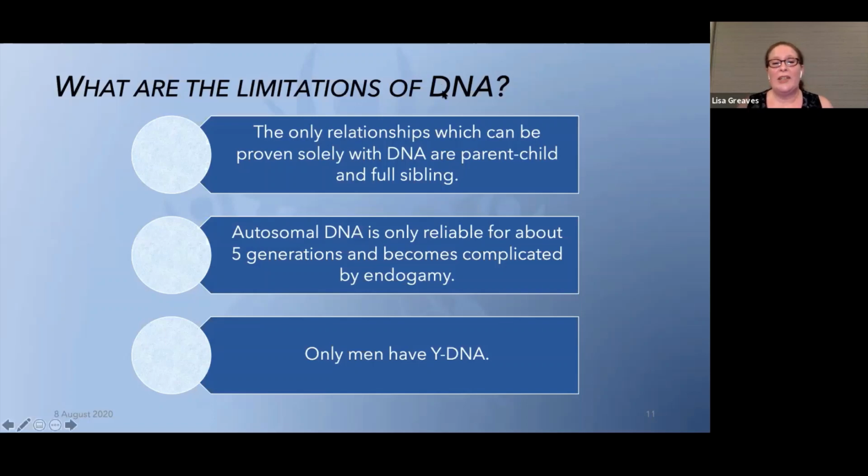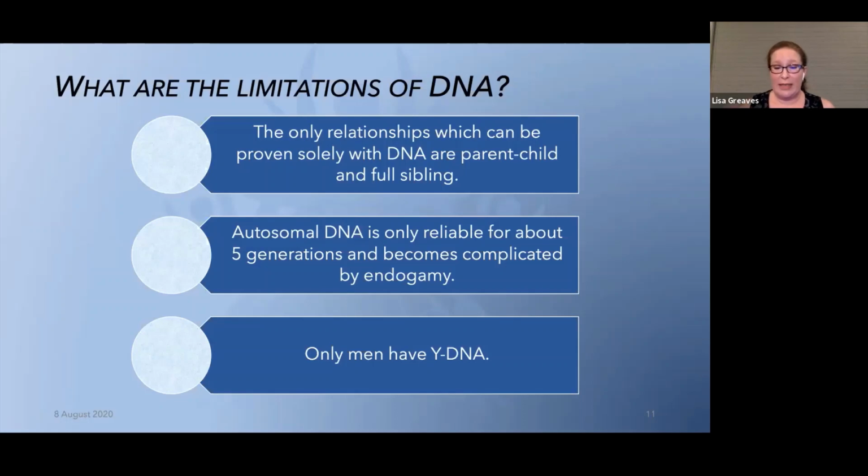And another limitation is that autosomal DNA is only reliable for about 5 generations. So that's why you have to get many, many DNA kits if you want to go back further than 5 generations. And then the final limitation is only men have Y DNA. So if you have a surname question, if you have a question about the patrilineal line, you have to ask a qualifying male to take that test for you.